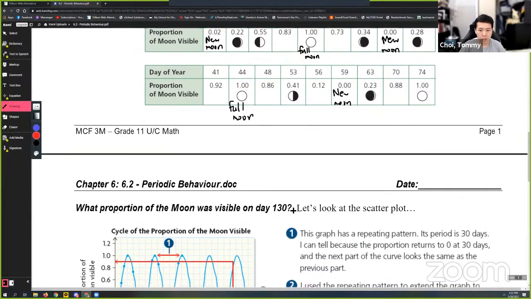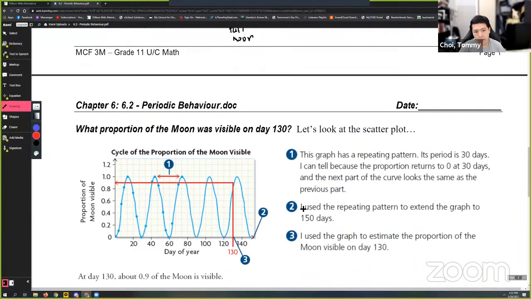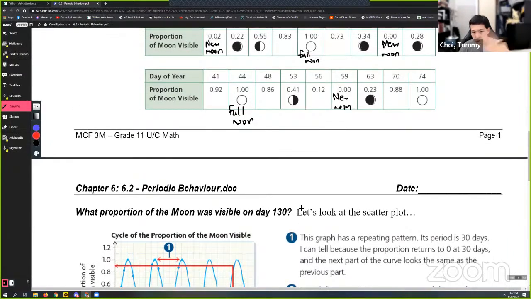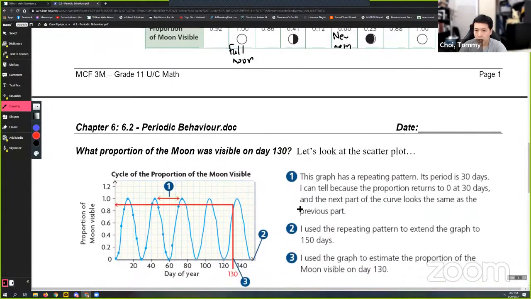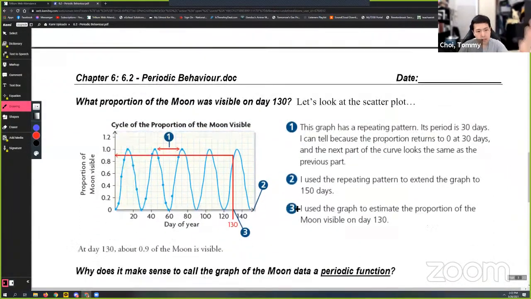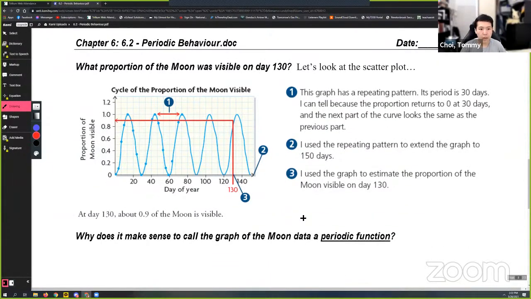So let's continue onwards here. If we were to graph this table of data, this is what the graph would look like. We have our points here. And now visually representing it, this might be a little bit easier to identify what the period would be.